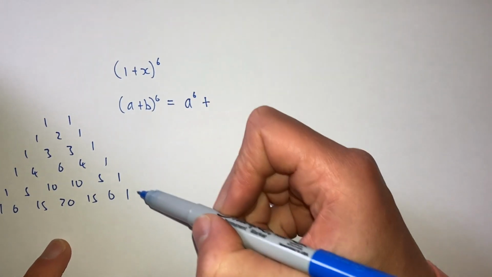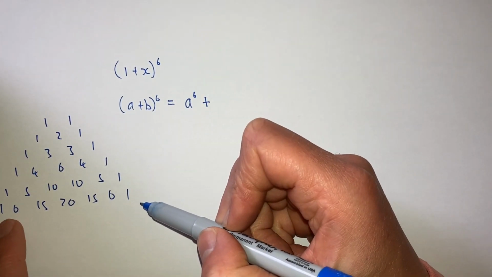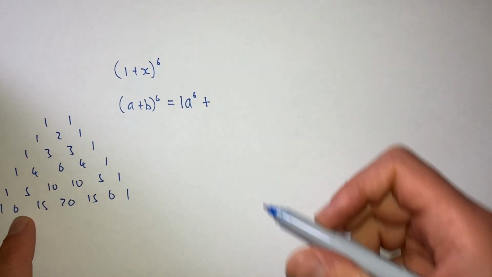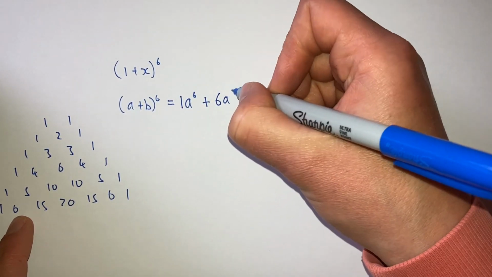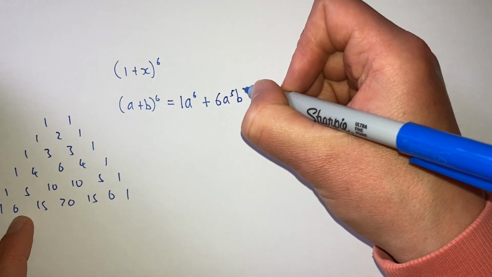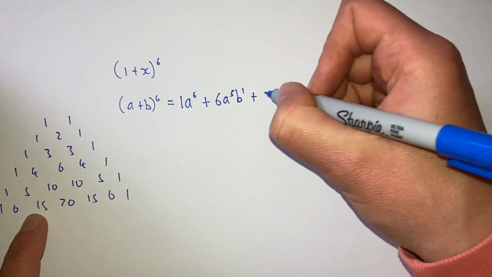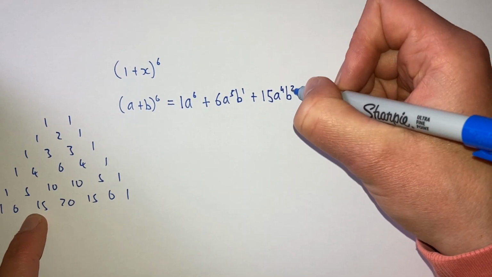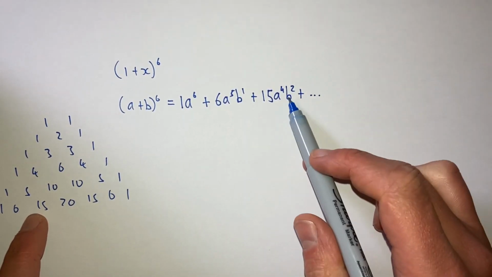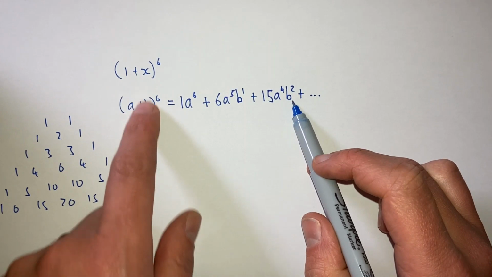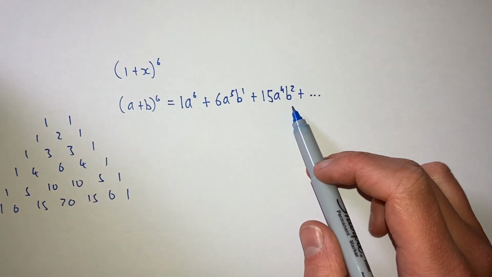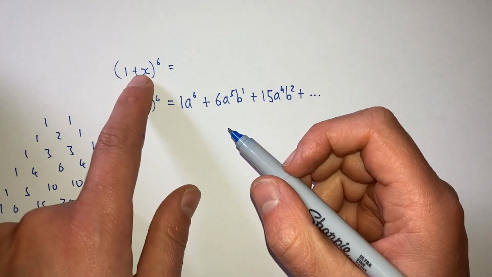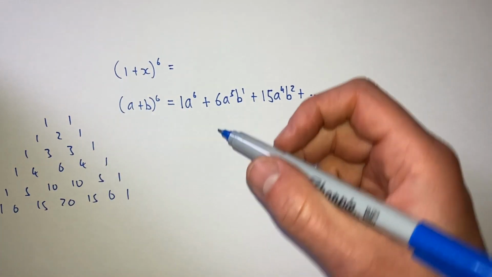Now I've got 6 rows of Pascal's triangle, and it's this row that I need here. So I've got 1a to the 6, and then I've got 6a to the 5 b to the 1, plus 15a to the 4 b squared, plus, and so on. This term, because b corresponds to the x, will give me the x squared. Now I'm going to substitute 1 for a and x for b.